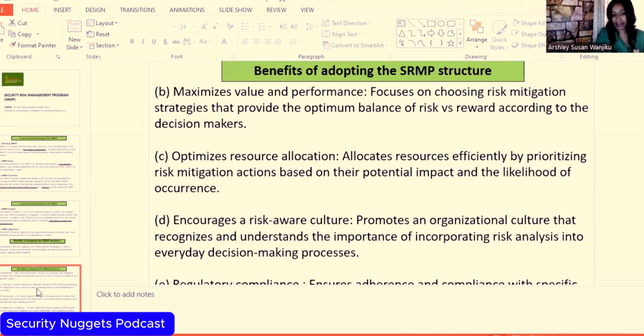One of the benefits is that it maximizes value and performance. This is because when you're looking at the treatment plans, or rather the strategies that you want to implement, we are not just looking at the negatives here.